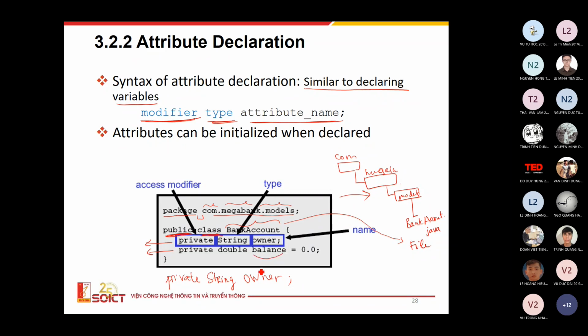The second, you declare the attribute balance of the double type, and you assign the first value for this balance, 0.0. And balance has the access modifier private also. So this is how you declare the attribute. Remember to add the modifier.